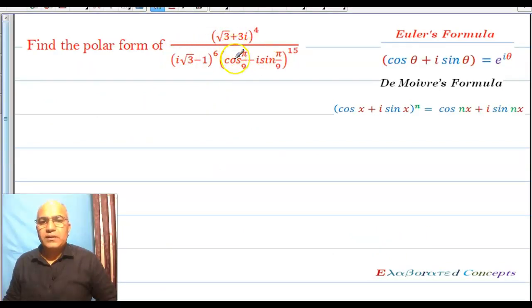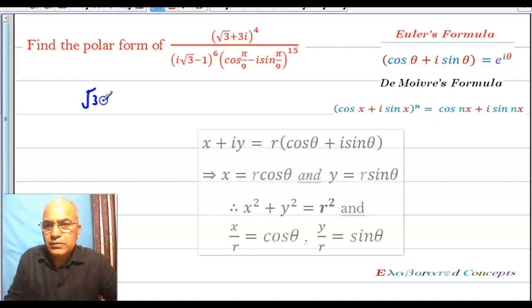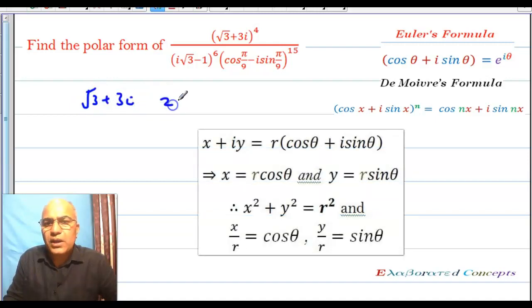To solve this, we find polar coordinates of root 3 plus 3 iota and iota root 3 minus 1. So for root 3 plus 3 iota, r is 2 root 3 and theta, that is argument, is pi by 3.